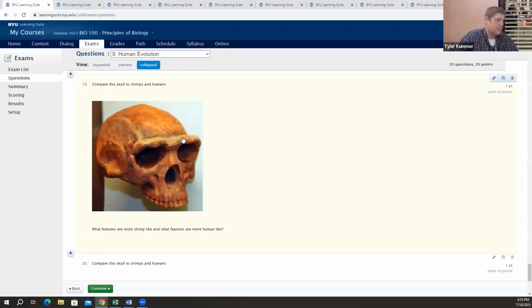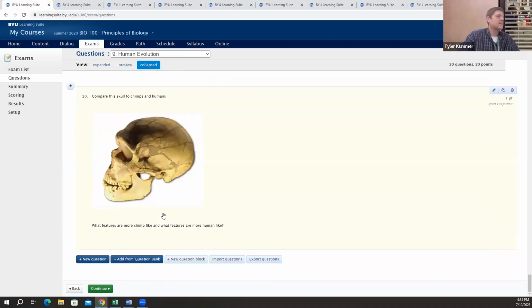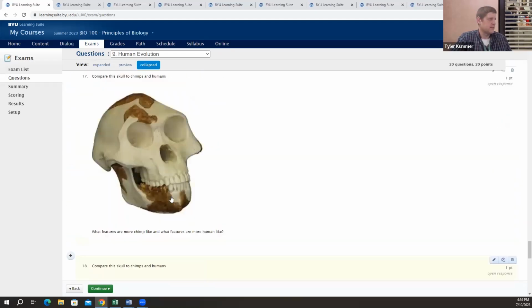Look at this guy. Whew, massive brow ridges, very large brain case. A bit of a nasal bone there though, no large canines. So we can see this idea that we don't have a good transition fossil record for humans and chimps is just not true. We definitely do. We have all sorts of hominid species that get progressively more human-like compared to the more ancestral ones like we might see in this one here.